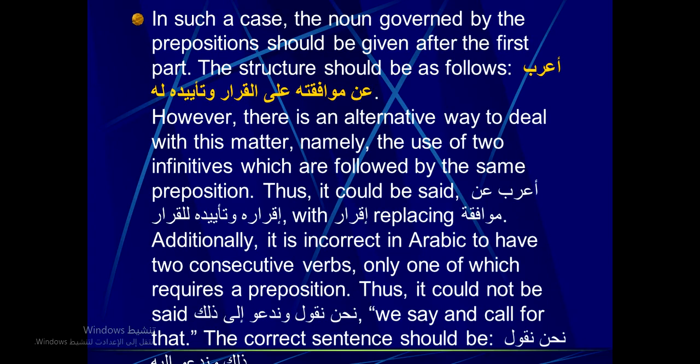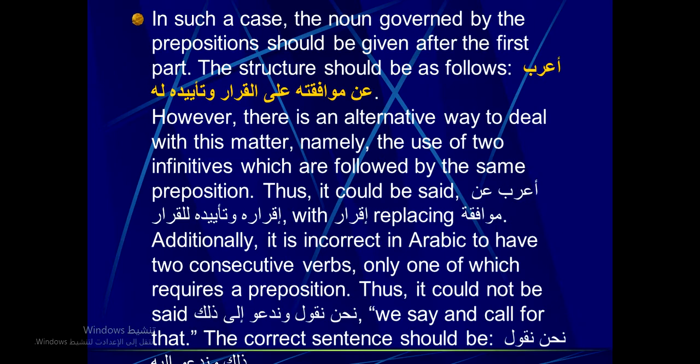In such a case, the noun governed by the prepositions should be given after the first part. The structure should be as follows: أعرب عن موافقته على القرار وتأييده له. So we cannot say موافقته على وتأييده له as in English.